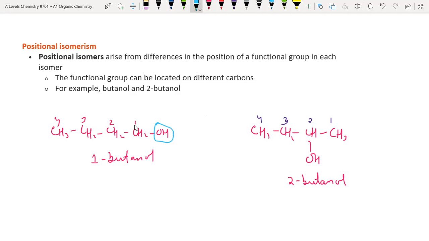This is carbon 1 and the functional group is present at carbon 1, that's why we call it 1-butanol. And for this structure, it is 2-butanol because the OH functional group is attached at carbon number 2. So positional isomerism is due to the difference in position of the functional group on the hydrocarbon chain.